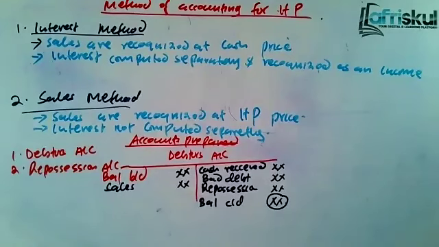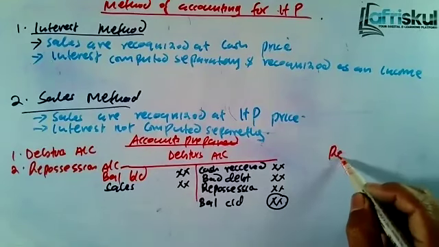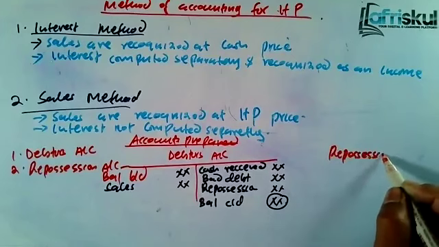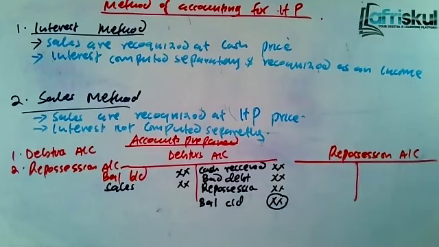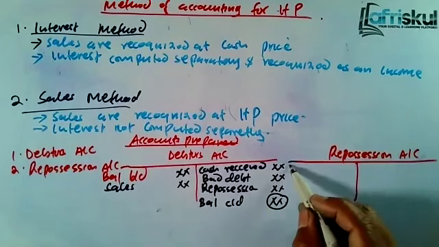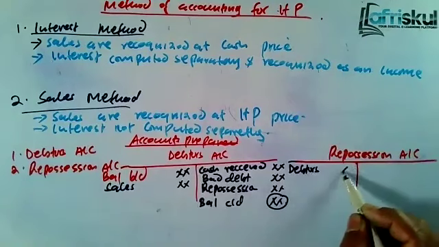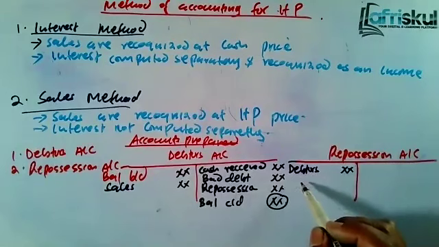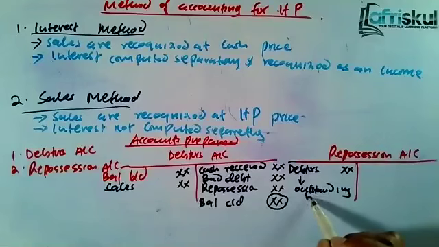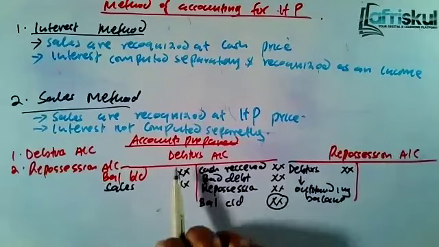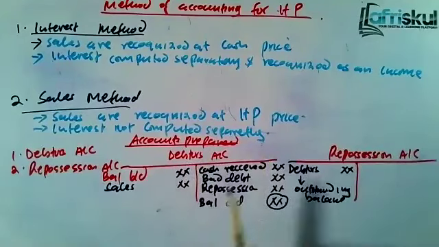So another account we can prepare is the repossession account. The motive of preparing the repossession account is to determine whether you have repossessed at a gain or at a loss. This is how we prepare it. You bring the debtors' outstanding balance, which you see from the debtors account on the credit side as the repossession.